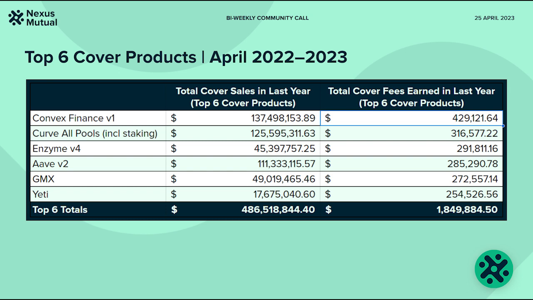So since we launched in 2019, we've sold over $5 billion in cover, and I think we'll see that continue to grow over time. But the big thing that I know the Foundation and DAO teams are focused on is a plan to increase the cover fees that accumulate to the capital pool and are distributed across staking pool managers and the people that choose to stake and delegate their NXM.